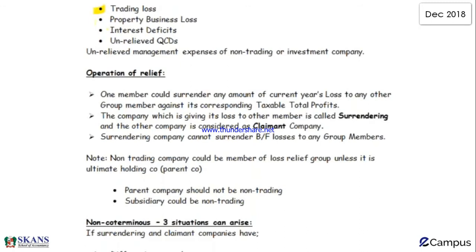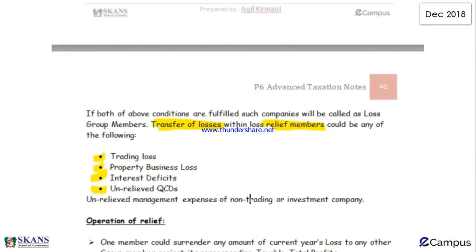It could be a trading loss, it could be a property loss, it could be an interest deficit, or it could be QCDs which were unrelieved, or it could be unrelieved management expenses of non-trading or investment companies.